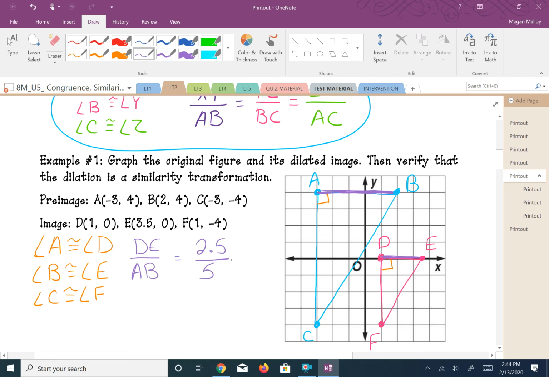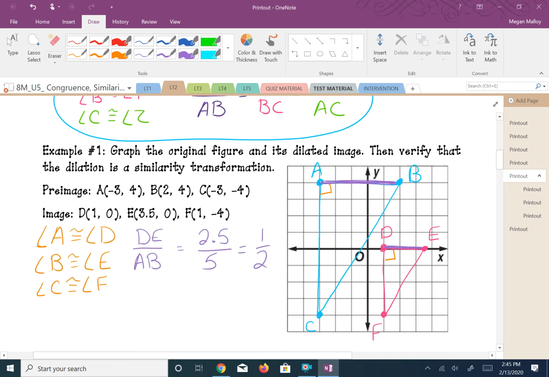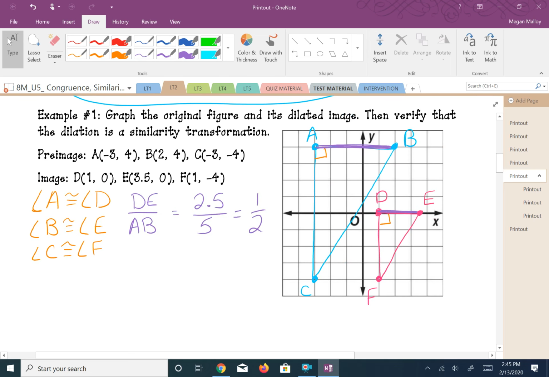And if I were to reduce that, 2.5 over 5 is equal to 1/2. Now, since we don't know if these are similar, we have to check the other sides to see if they also share this same scale factor, this same ratio.